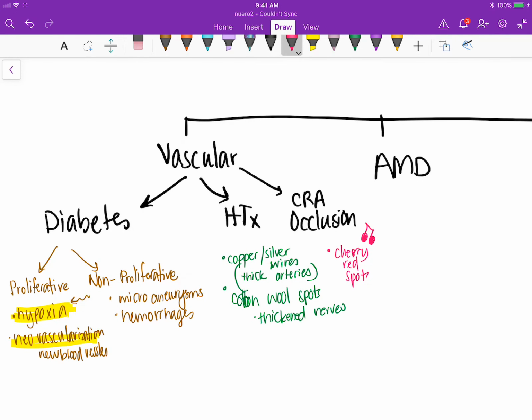And then you have age-related macular degeneration. That is going to be characterized by a few things again. You're going to have drusen, which are basically fat deposits.